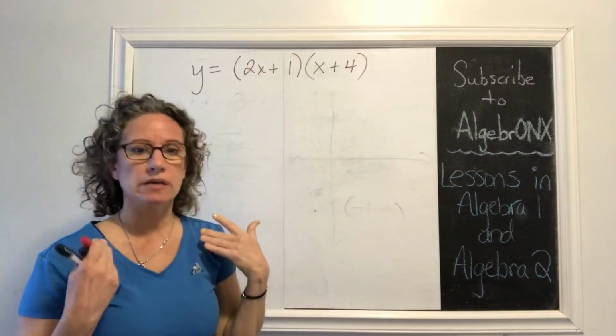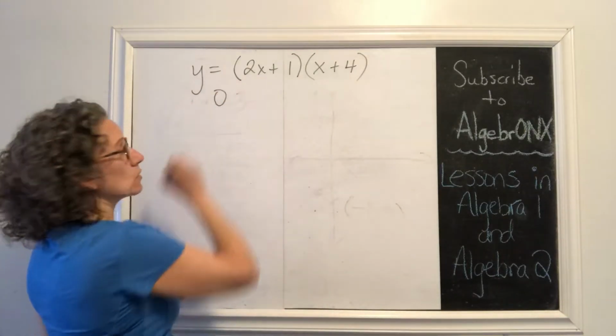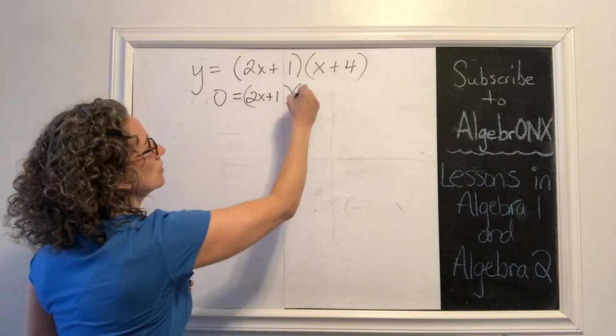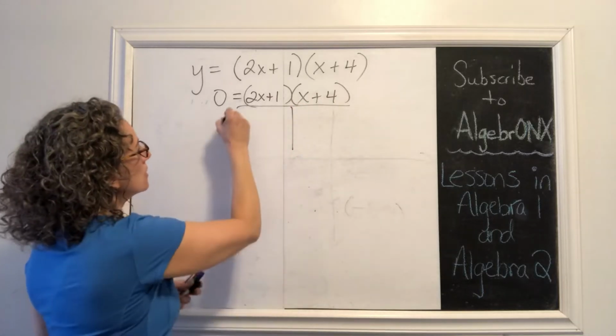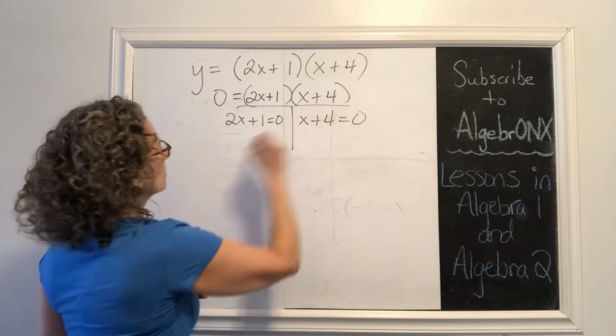Now, if the problem says find the zeros of the function, zeros of the function is where y equals 0. So you set the factors equal to 0, and I call this a t-chart because it looks like a giant T, and each factor is set equal to 0.